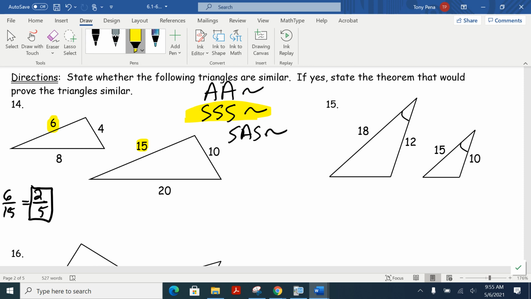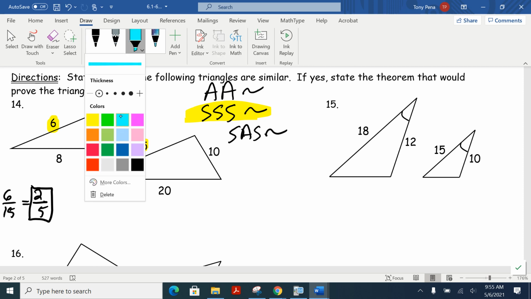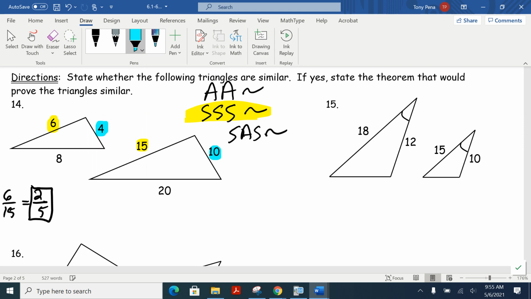So for our next ones, I'm going to take the 10 and the 4. We're going to write those as a ratio, and we have to do it in the same order, small over big. If I divide those by 2, that also gives me 2 over 5. So far, so good. The last ones, we compare the 8 to the 20.